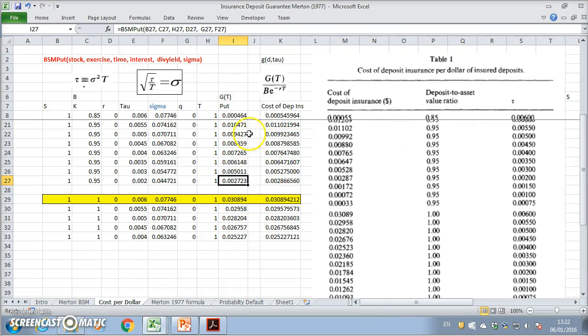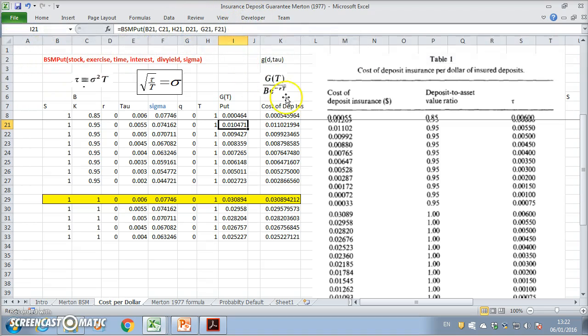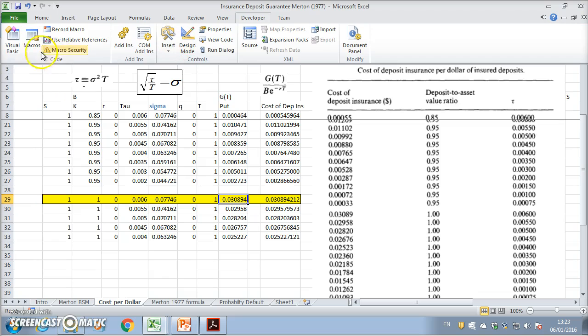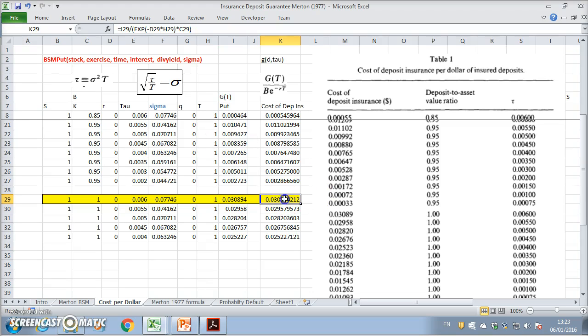If I use a Black-Scholes type framework, using this function here, BSM put, it's clear what I'm using is the standard Black-Scholes type function. So I'm calling up an algorithm based on the classic Black-Scholes Merton model, and when I divide that through by the value of the debt discounted, I get the same figure for the cost of deposit insurance.